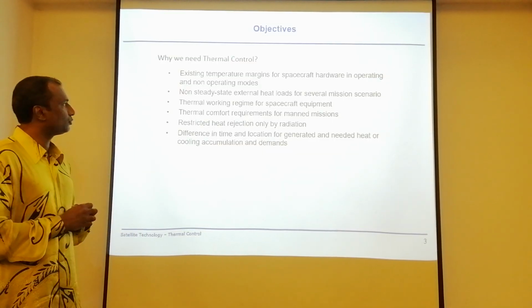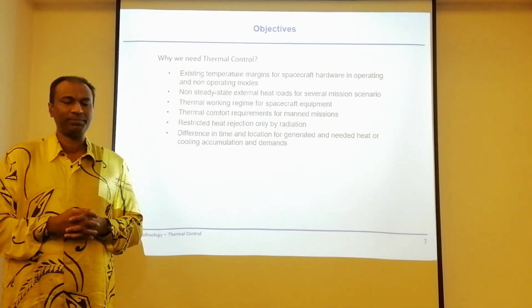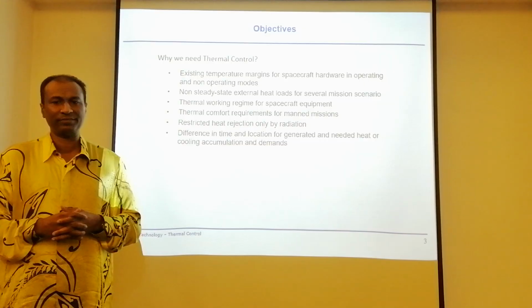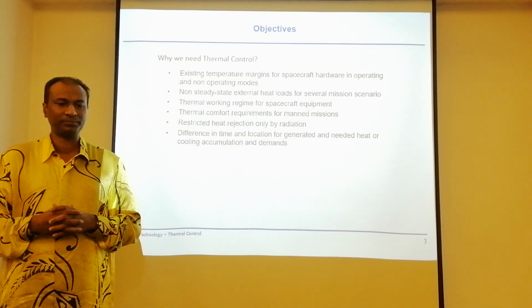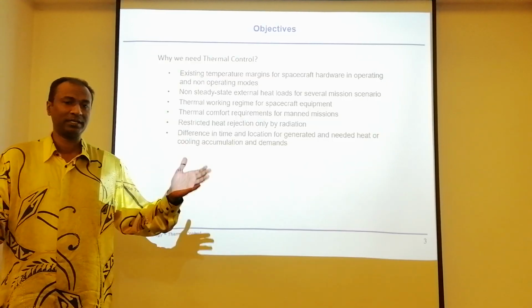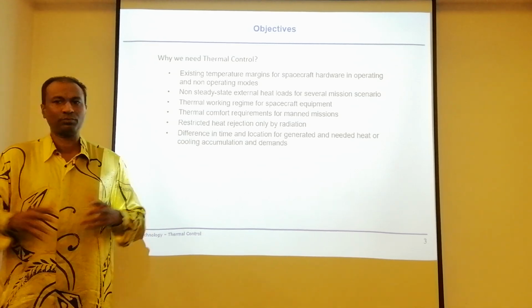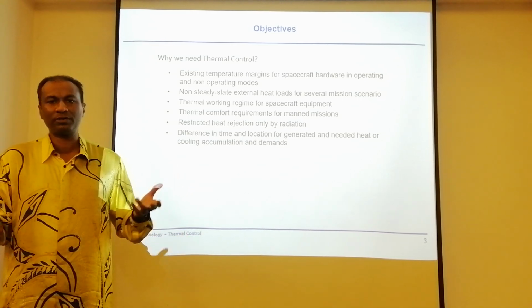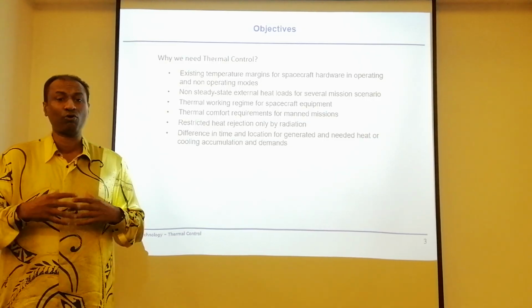Then you also have non-steady-state external heat loads. This is a very typical problem that we have in space. As we have seen just now, we have two clear phases, the sun phase and the eclipse phase. In the sun phase, there is an external heat load, so the spacecraft is going to get heated up, going to get hot.